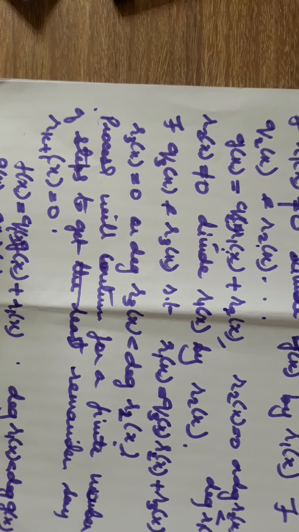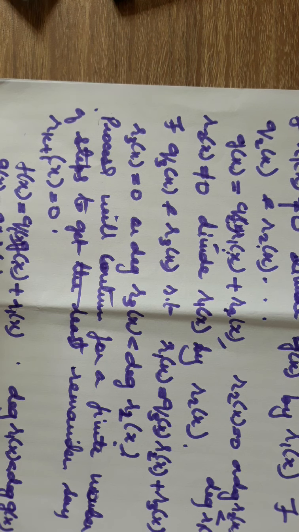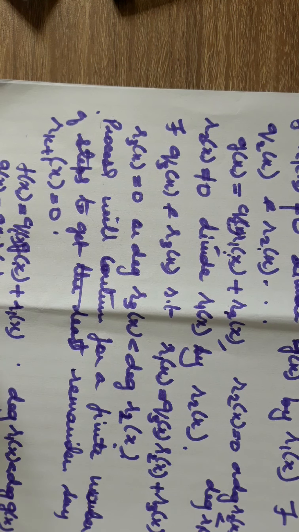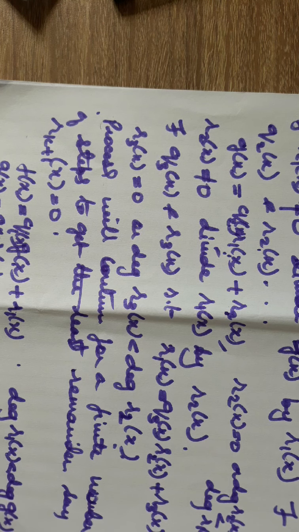Again, if r2(x) is not equal to 0, you divide r1(x) by r2(x), so r1(x) equals q3(x) times r2(x) plus r3(x), where the degree of r3(x) is less than the degree of r2(x).